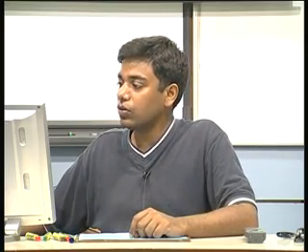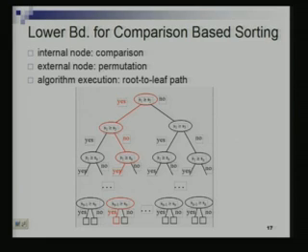Okay. So we are going to understand this in the following way. Let us look at a particular algorithm. Let us say your objects are sitting in some array and your algorithm works on that array.